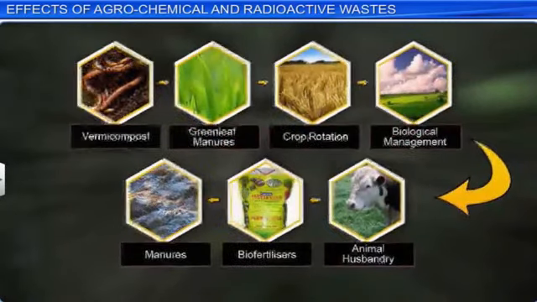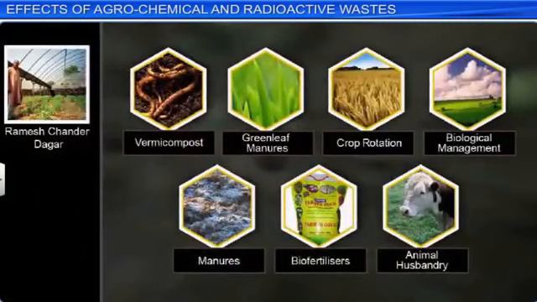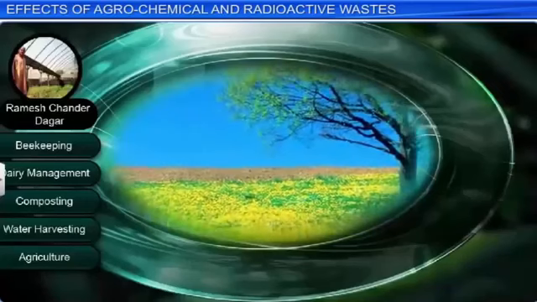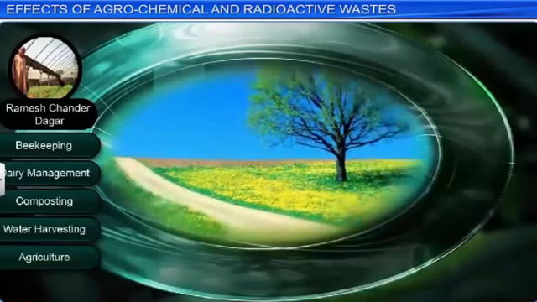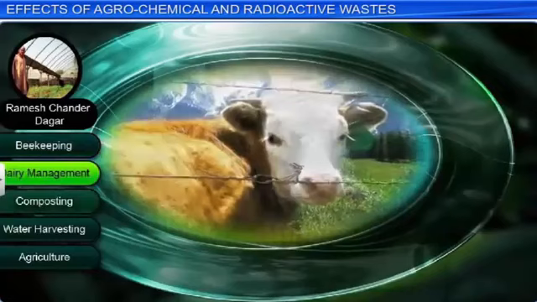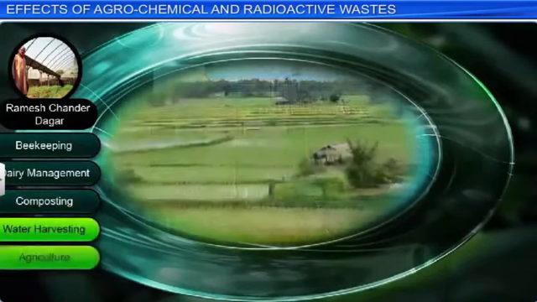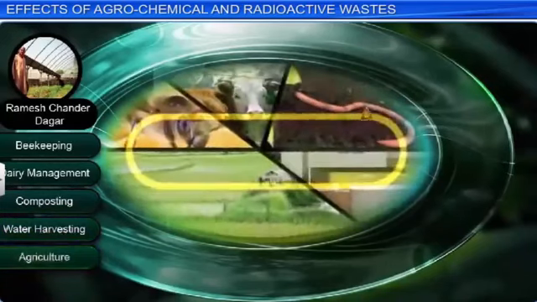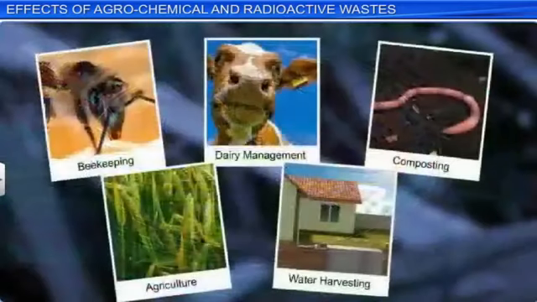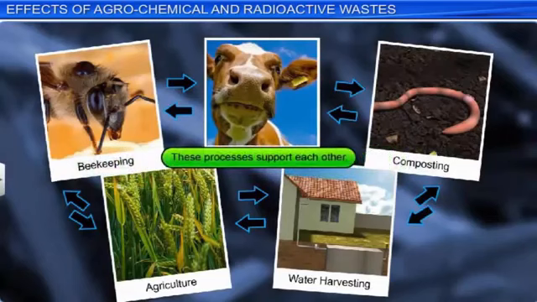One such farmer is Ramesh Chandar Dagar from Sonipat. He has implemented environment-friendly activities like beekeeping, dairy management, composting, water harvesting, and agriculture, which function as a chain of processes. These processes support each other and form an economical and sustainable venture.